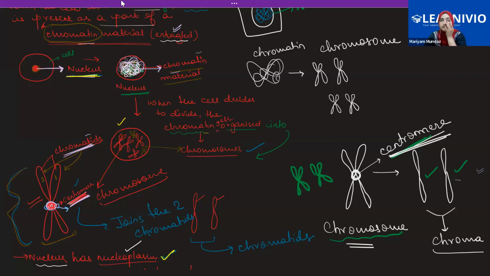When you put a cell into a hypotonic solution, the cell will swell up due to endosmosis. Okay. And what will happen to the cell if you put it in an isotonic solution? No reaction will occur. The cell will remain the same.